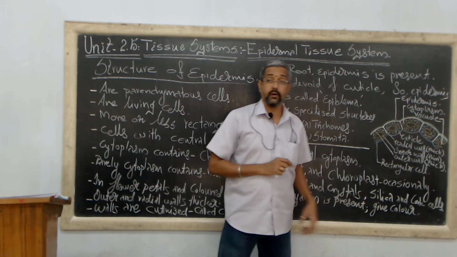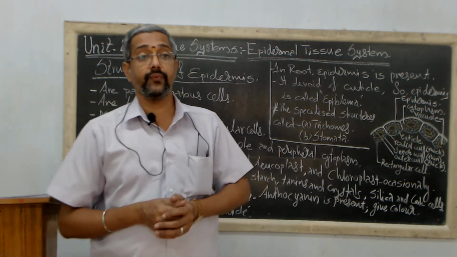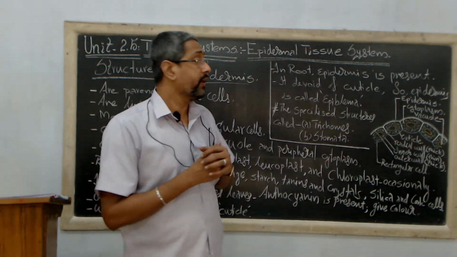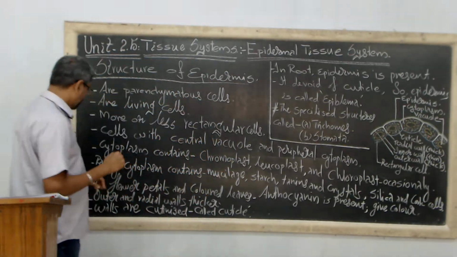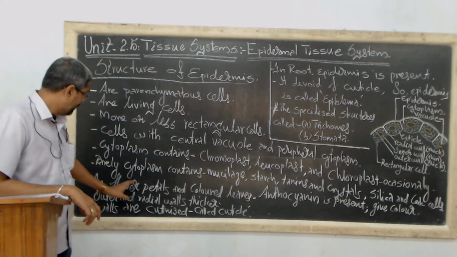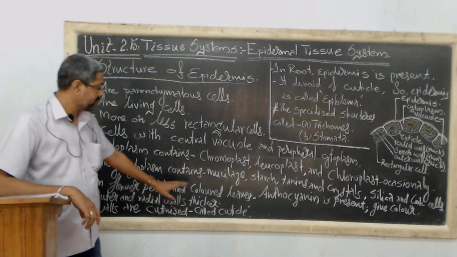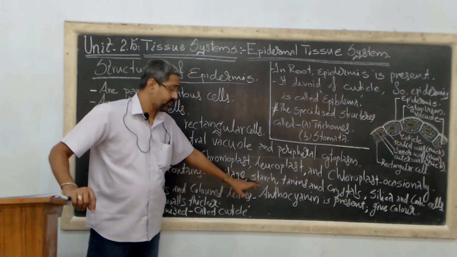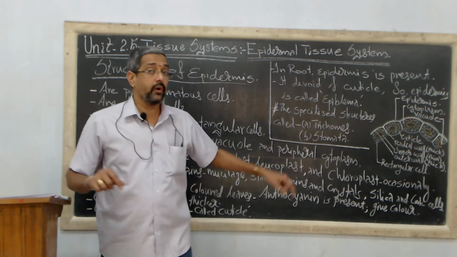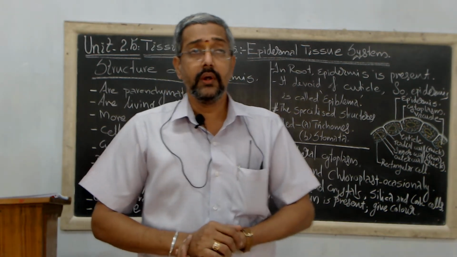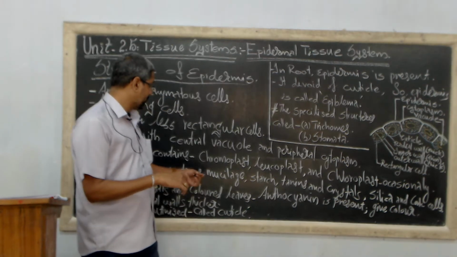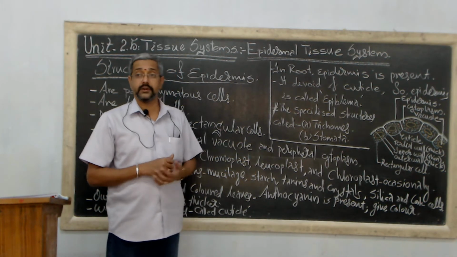Occasionally, in some species, we can see the presence of chloroplast in the cytoplasm of epidermal cells. Rarely, the cytoplasm contains mucilage, starch, tannins, crystals, silica, and cork cells. So the cytoplasm of the cells contains pigment bodies such as chromoplast, leucoplast, chloroplast, etc.